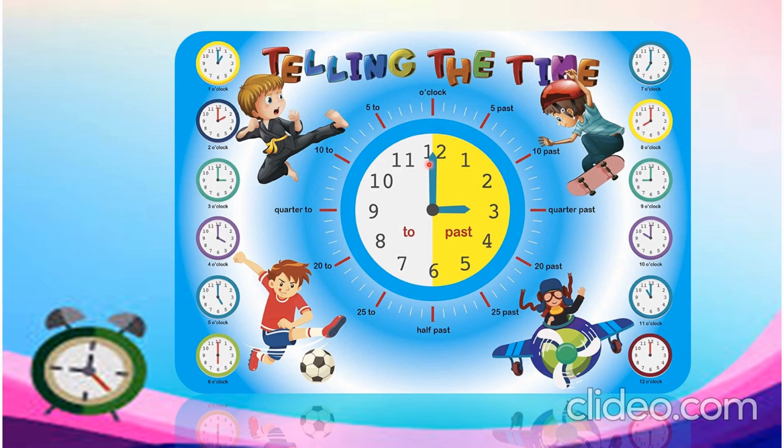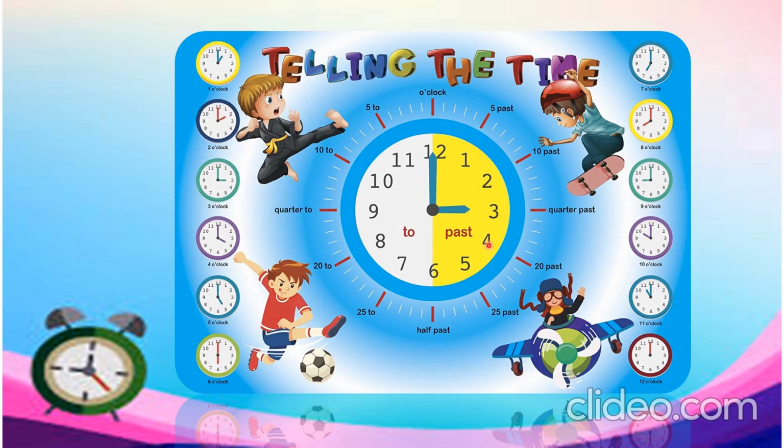Okay, let's think that the long hand is pointing towards 1. That can be read as 5 past 3. Like that, if the long hand is pointing towards 2, it can be read as 10 past the hour. If the long hand is pointing towards 3, it is quarter past.